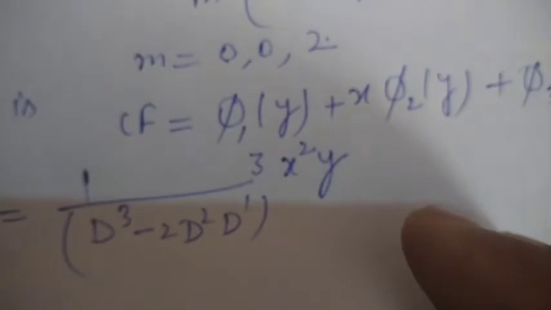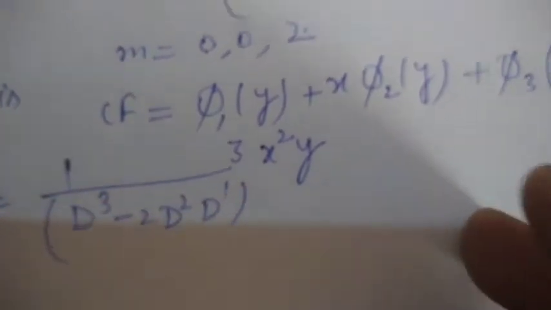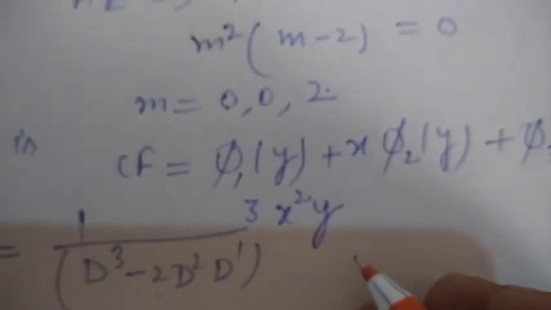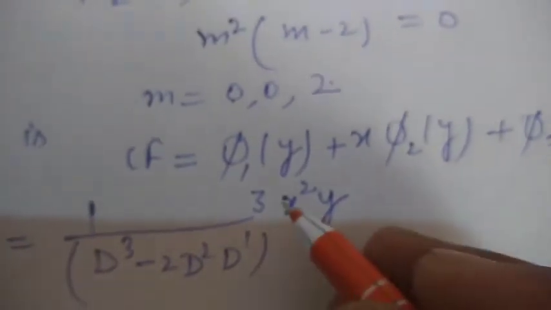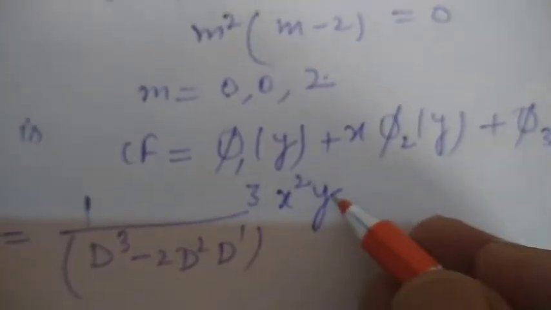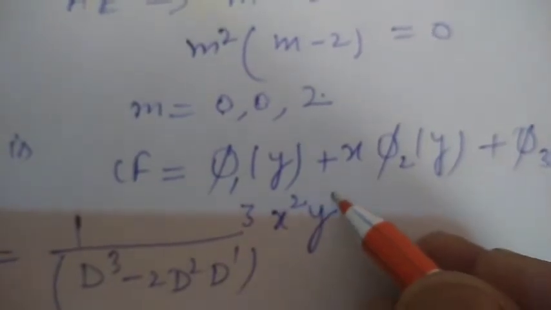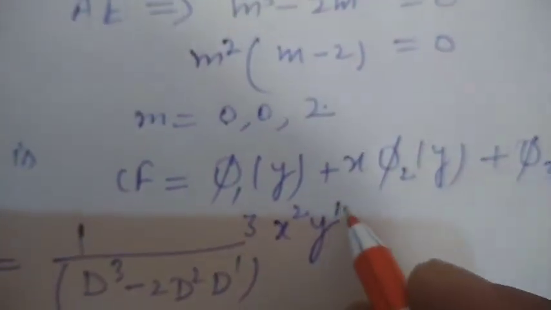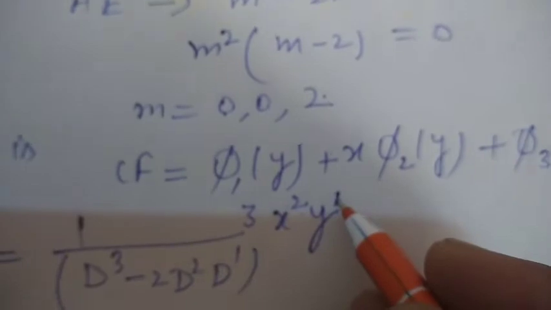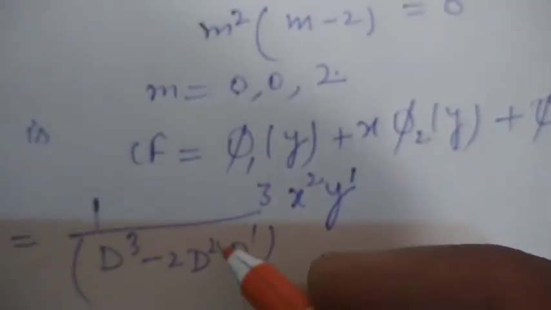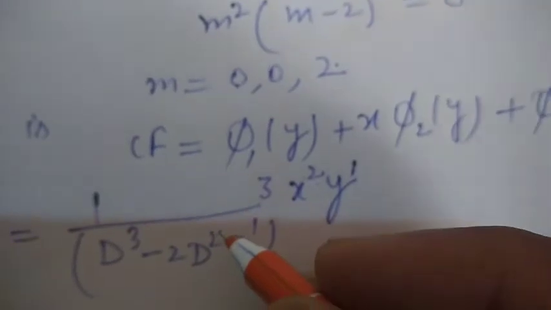Now we have just told that in case first, if m is greater than n, because the value of m here is 2 and the value of n here is 1, obviously m is greater than n. Due to this, we will expand the denominator in the form of D' by D.